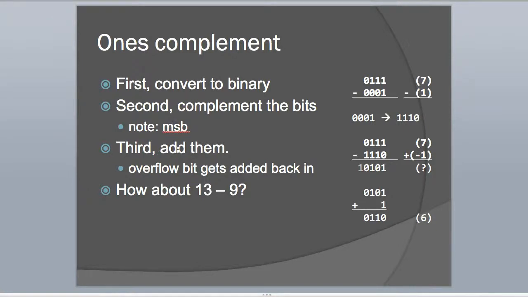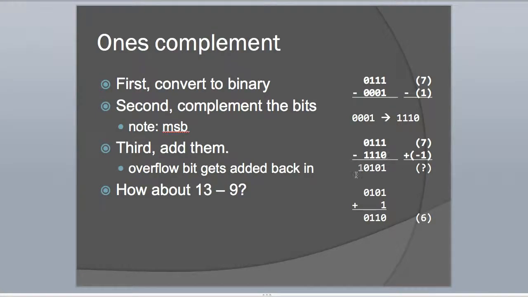And then we do something really, really clever, okay? We add them. We take the two numbers and add them together, and we depend on the limitations of the computer to turn this into the right answer. So here we have our 0111, there's the 7, and now we're going to add 1110, adding the -1.